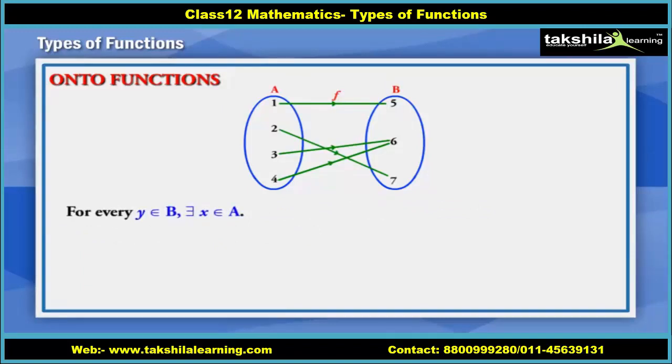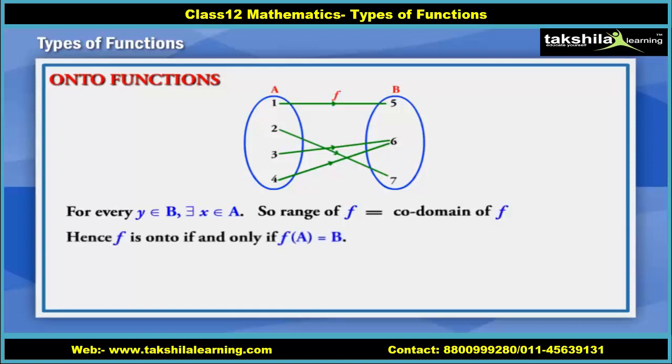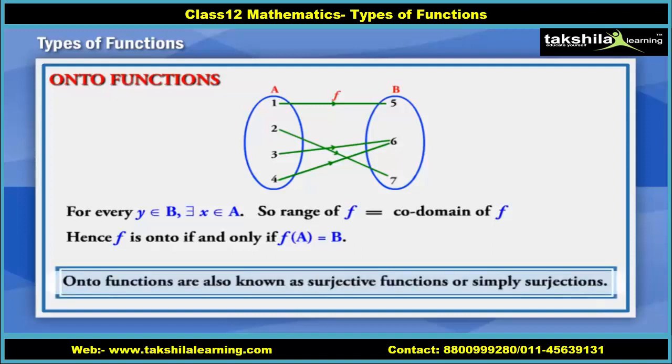So, we can say that the range of f is equal to the codomain of f. Hence, f is onto if and only if f of A is equal to B. The other name for an onto function is surjective function or simply surjection.